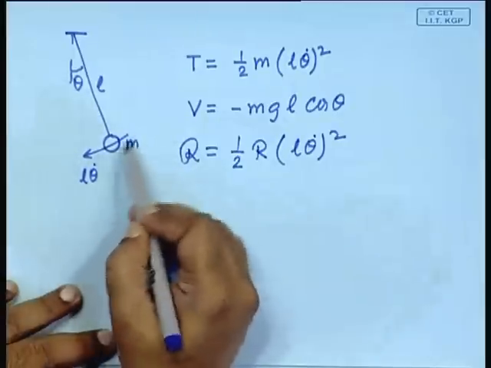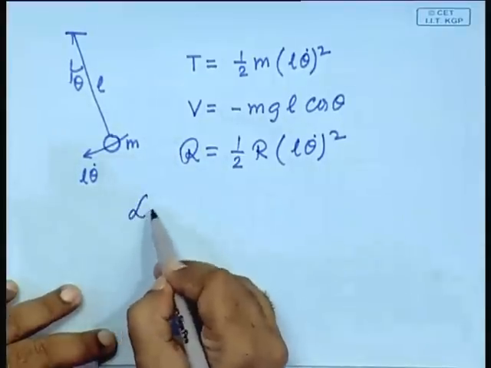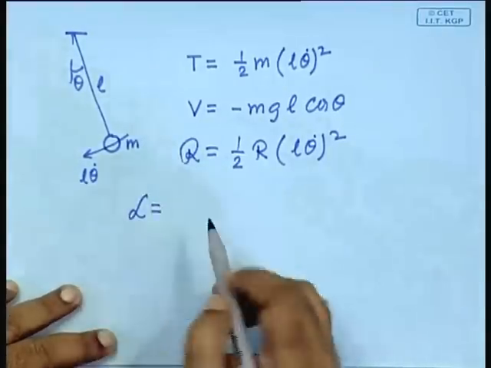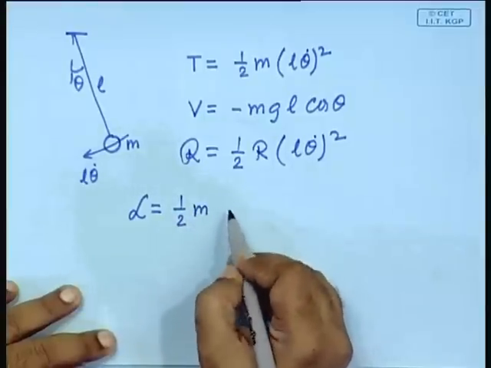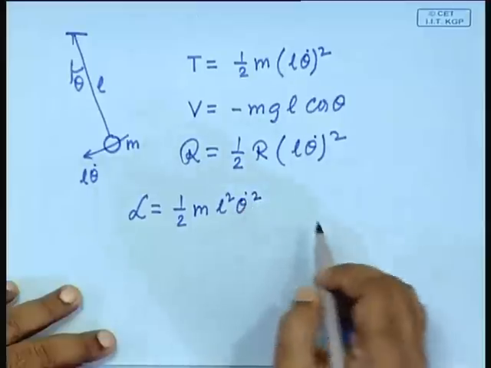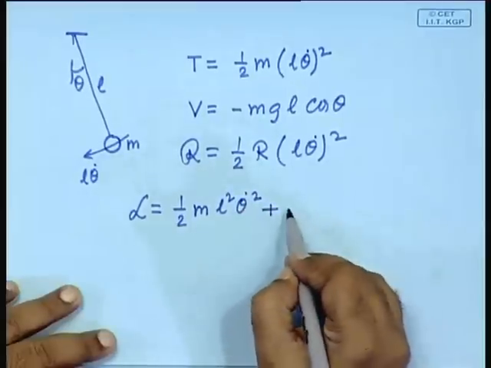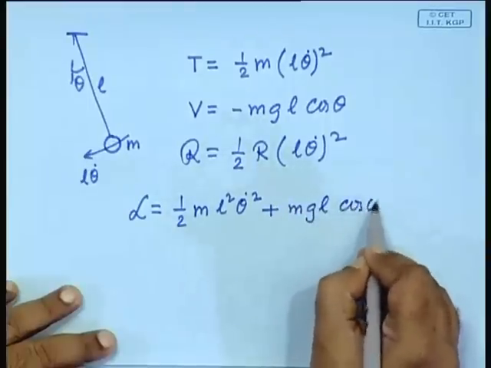There will be friction due to air. So, that is a Rayleigh term. Your Lagrangian will then be T minus V, half m L square theta dot square plus m g L cos theta.